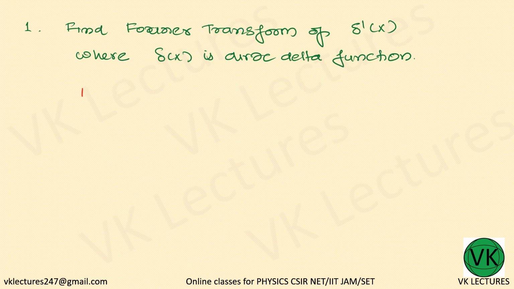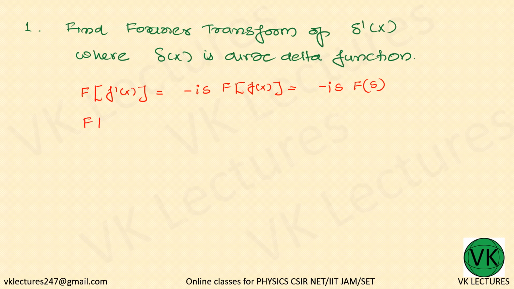Now we know the Fourier transform of the first derivative of the function f of x is equal to minus is times the Fourier transform of the function, that is minus is into f of s. Okay, now here the question is the Fourier transform of delta dash of x, the first derivative of the Dirac delta function.